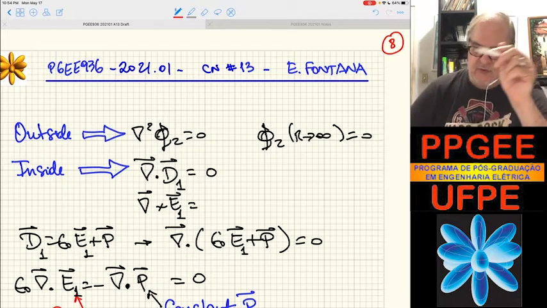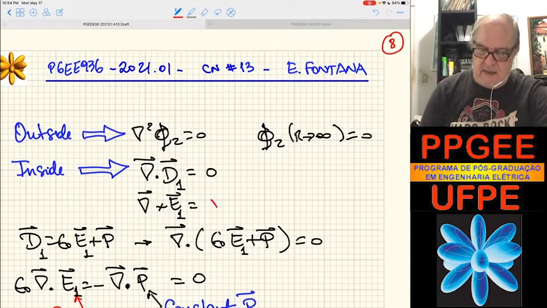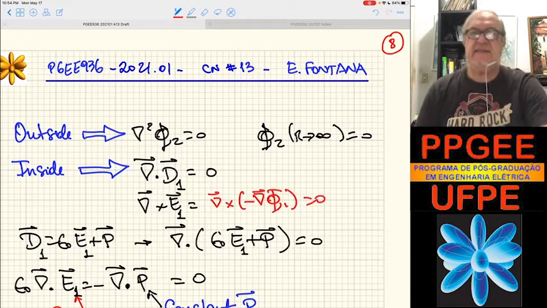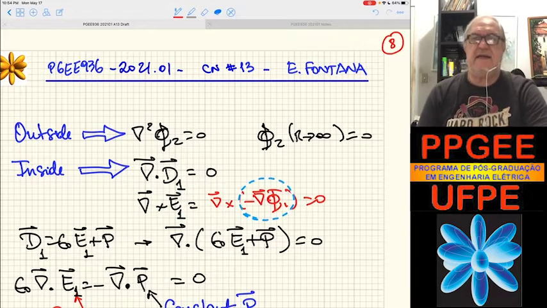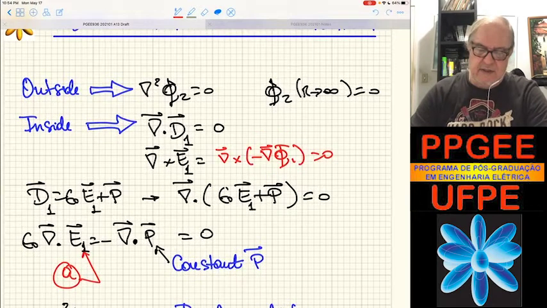expression A, which is wrong. So curl of E equals to curl of minus gradient of a function, right? I mean, because this is an identity, if the E field has a 0 curl, it means that it can be written as a gradient of a function. So we can use this expression and put it in here.